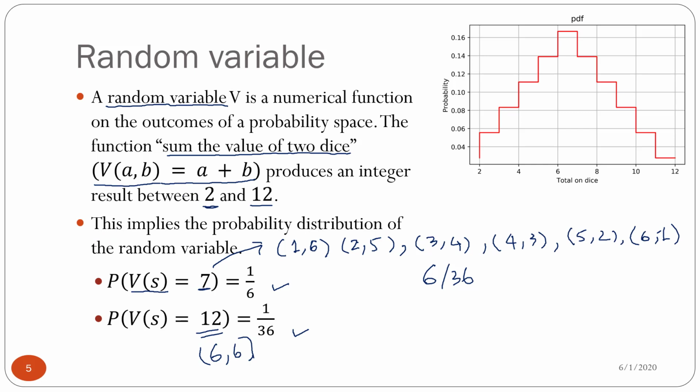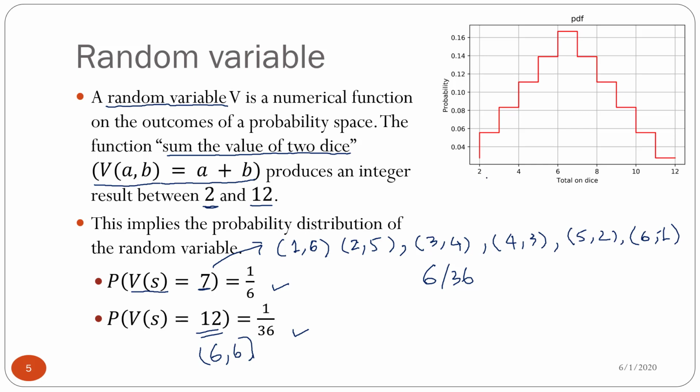When you have this notion of random variables, then using that, you can define something called a probability distribution. What does that mean? Right here, you see some numbers: 2, 3, 4, 5, 6, 7, 8, 9, 10, 11 and 12.